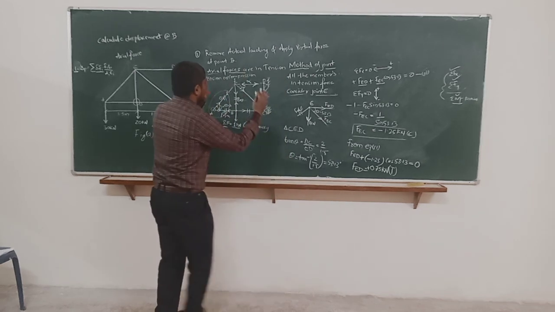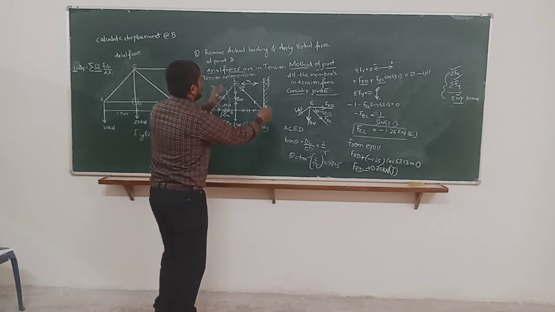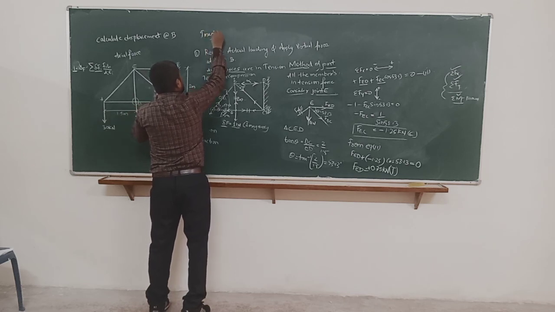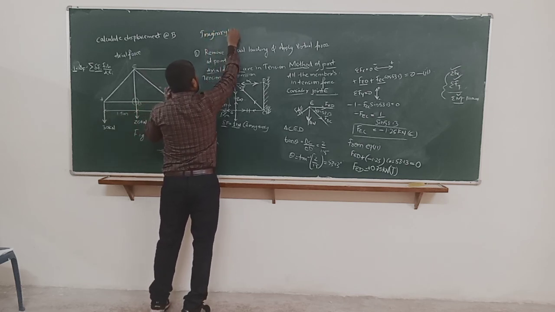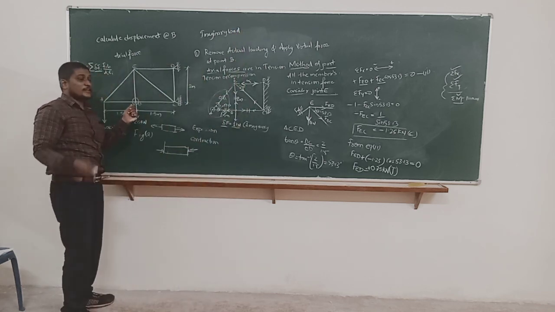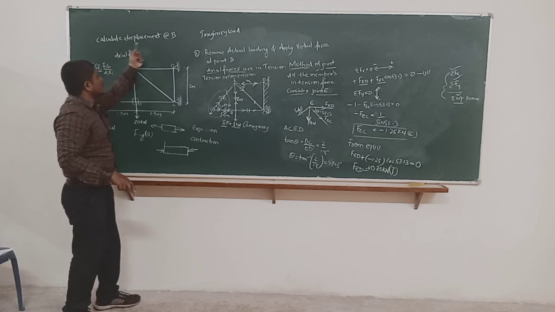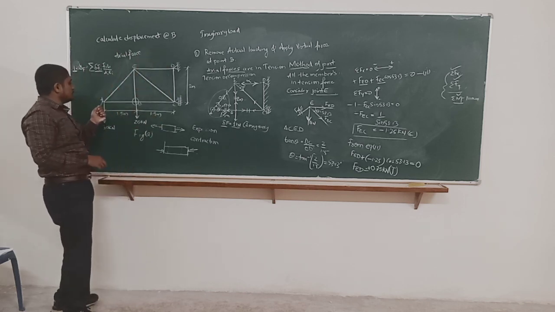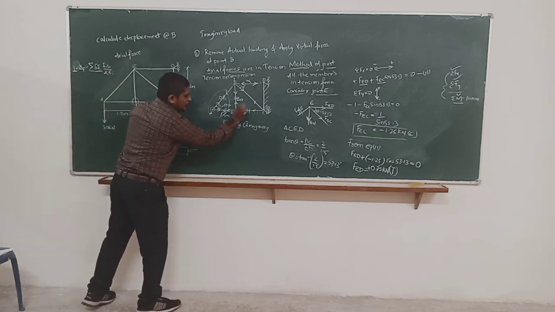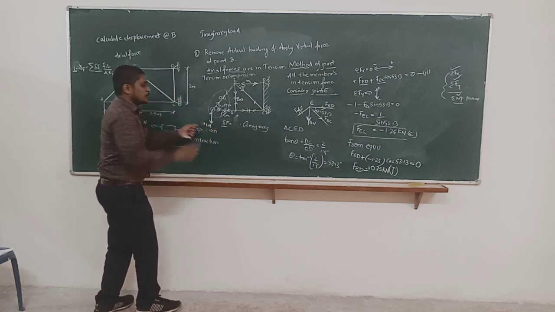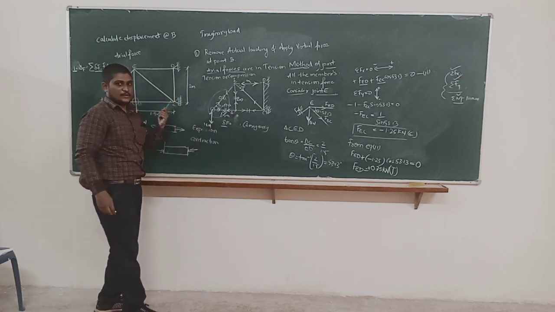So this was one part which we have done by taking one imaginary load. Then at point B, because in the problem statement they have asked to calculate the displacement at point B. If they would have asked to calculate the displacement at point A, the same procedure we would have followed, but one by one.